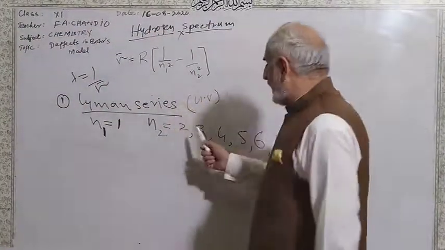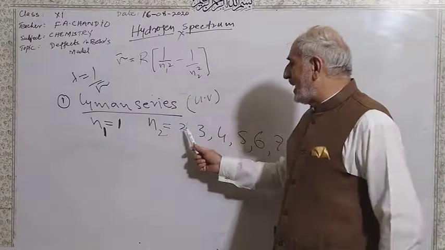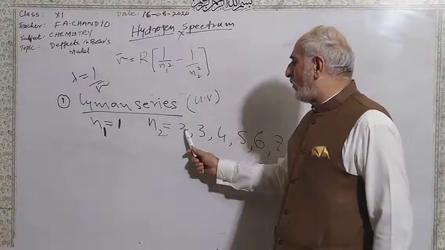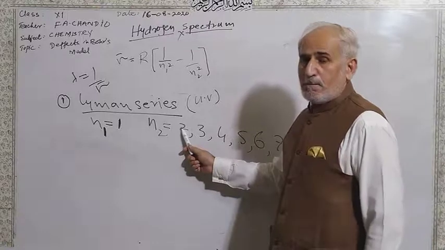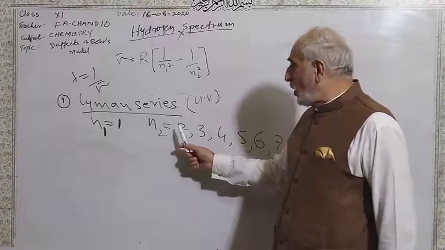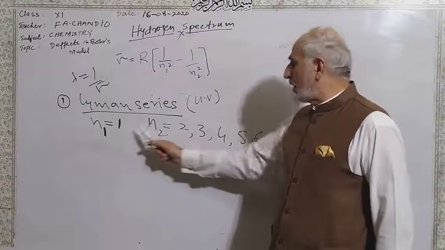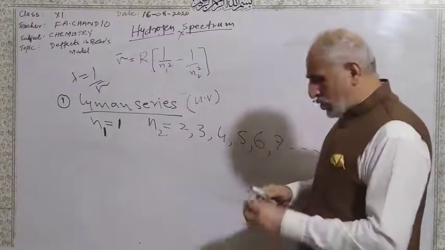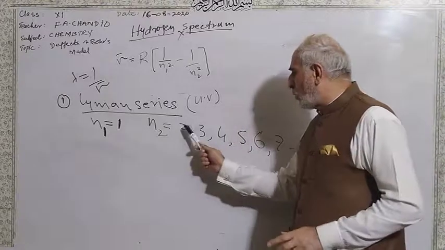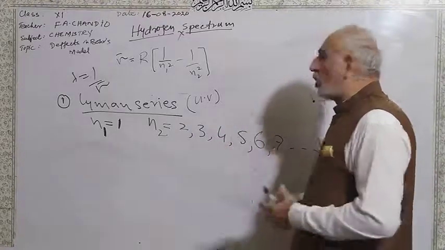So this is the first line. Don't say second line, 2 is for the orbit. First is given here. So this 2 is for the orbit: 2, 3, 4, 5, 6, 7 orbits.